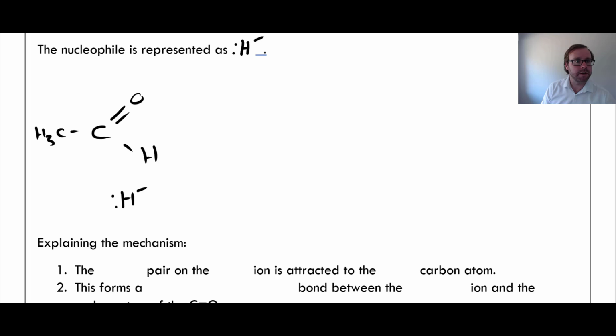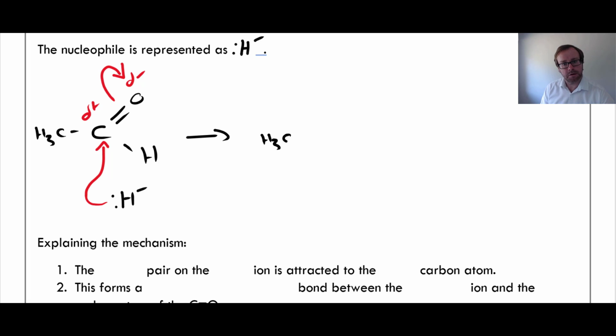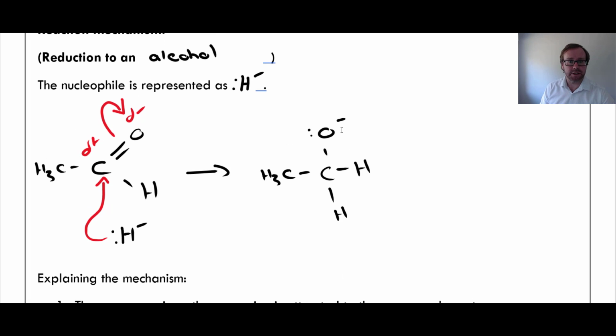I have my nucleophile, and I have my polar bond because oxygen is more electronegative than carbon, and therefore my nucleophile, a lone pair of my hydride ion, is attracted to my positive carbon, which breaks the double bond, meaning we form this intermediate which is negatively charged. Now we have some water knocking around.